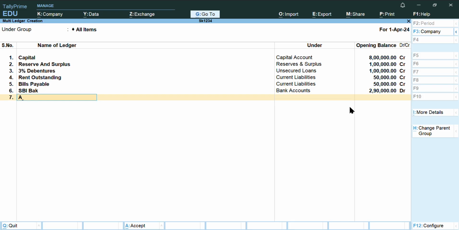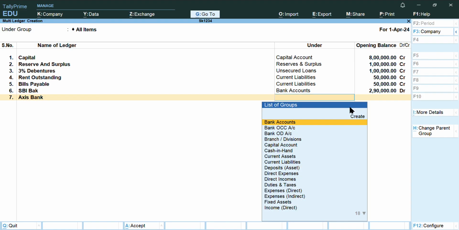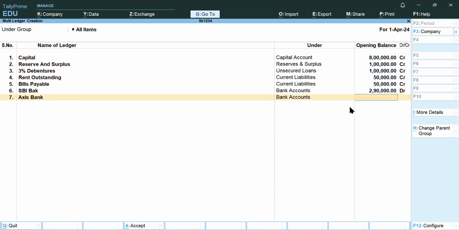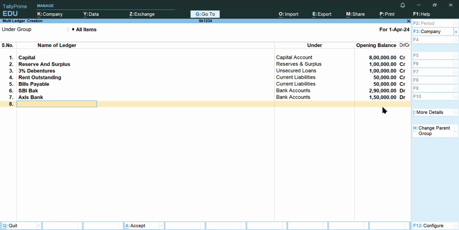Then you have Axis Bank. Now one more thing is here, that when you are recording the information and you put in the category, you need to be careful that the right category is being given. That check can be done as when you press the amount, it says debit, and we know that bank account should have a debit balance.